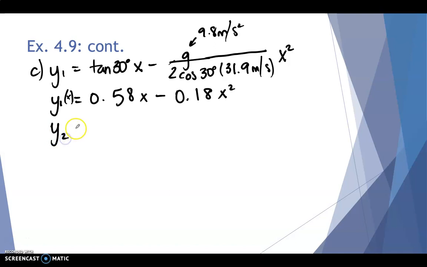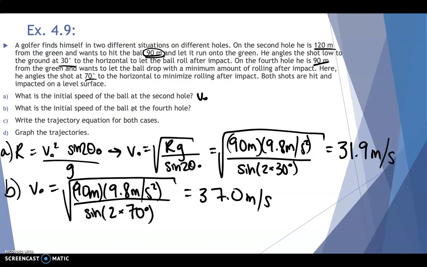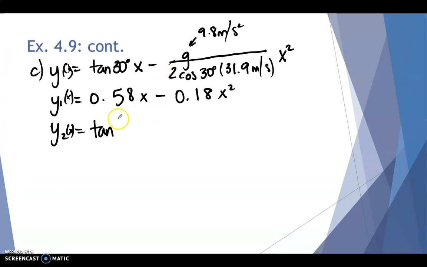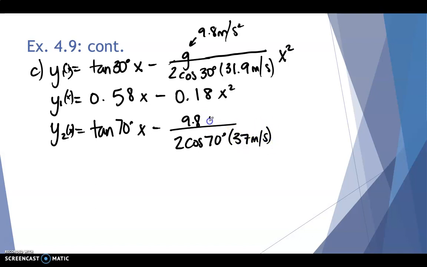Now y2 of x, I should say, is going to be tangent of, I think it was 70 degrees. 70 degrees. X minus 9.8 over, let's see, 2 cosine 70 degrees times 37, I believe it was.